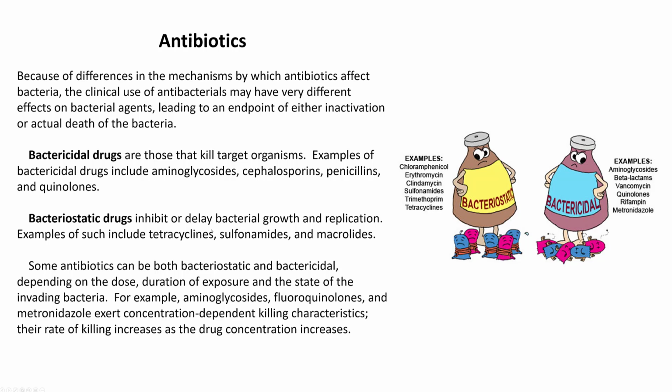Bacteriostatic drugs inhibit or delay the bacterial growth or replication, such as tetracyclines, sulfonamides, and macrolides. The reason we use these, of course, even if they're static, is it reduces the growth of the organism so that the immune system now can handle it and clear it. And so we're aware of these sorts of things and we take advantage.